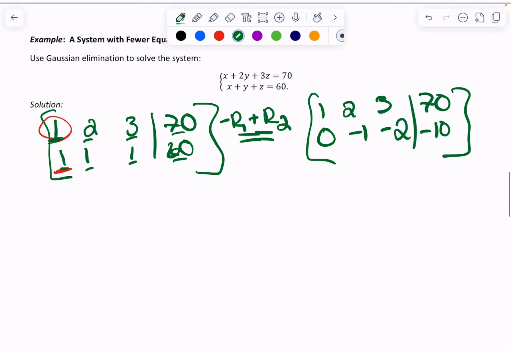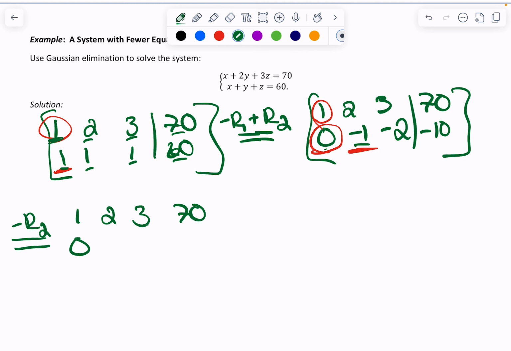Okay, we have a 1 and a 0. Now we need this to become a 1. So what we're going to do is just multiply row 2 by negative 1. Our first row does not change, so we're just switching signs here in row 2. Well, 0 doesn't have a sign.